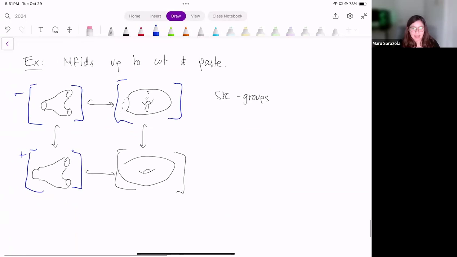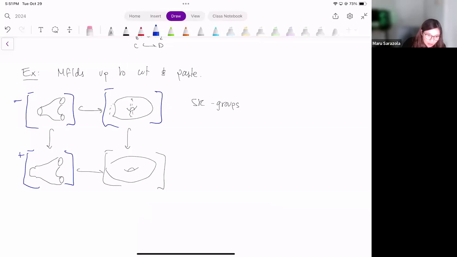So it turns out that the K0 of these precisely encodes this cut and paste relation. So this work, I'll just finish with a citation. This is work by Bunke, Merling, Murray, Roby, and Semikina.